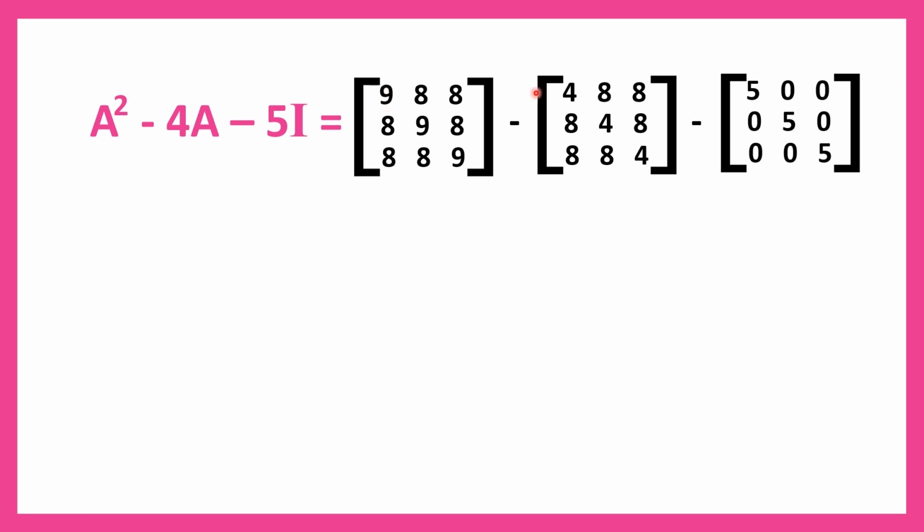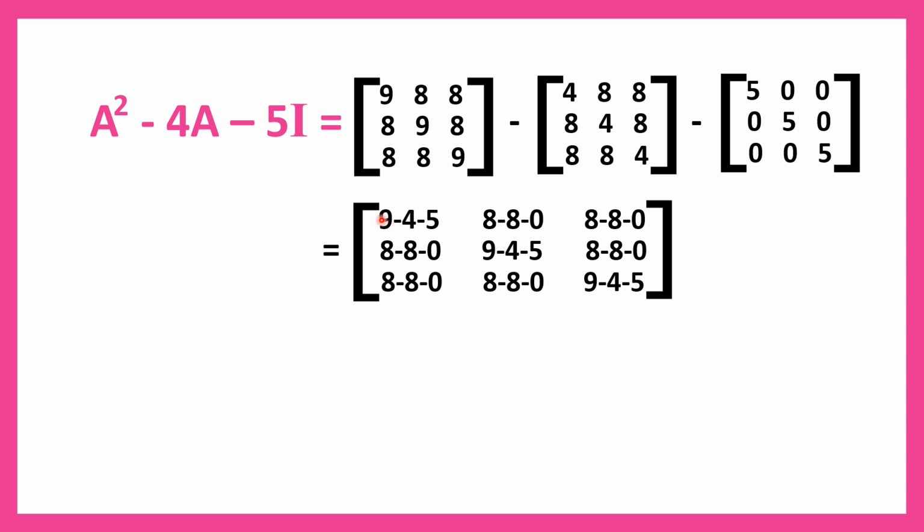That is 9 minus 4 minus 5. In that way also we can do the subtraction together. 9 minus 4 minus 5, that is the first element. Then 8 minus 0, that is this element. Then 8 minus 0, that is this element.